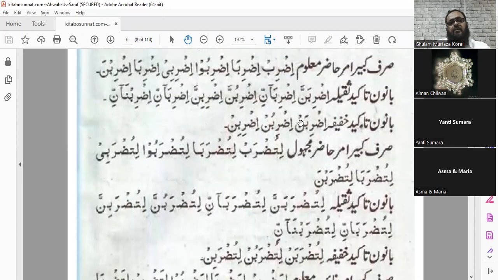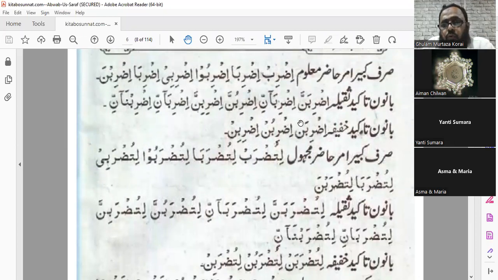Likewise, there is Noon Thaqila. We'll also discuss which sigas can easily take Noon Thaqila and which can take Noon Khafifa. You can see that all six sigas of Amar Ma'lum have taken Noon Taqid Thaqila, the heavy Noon.